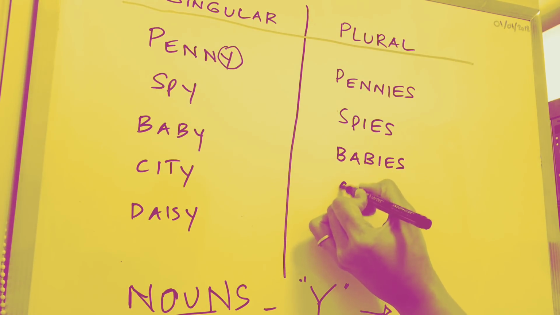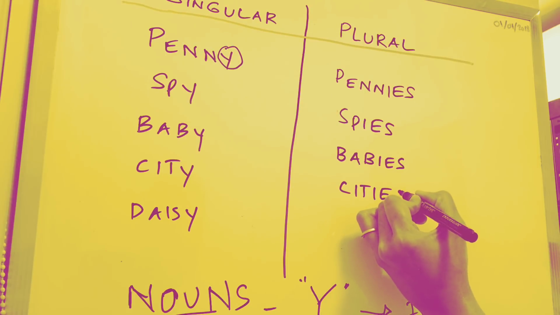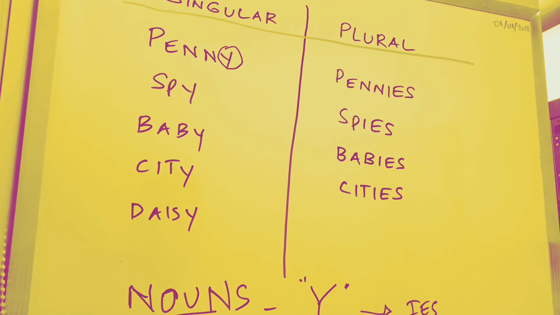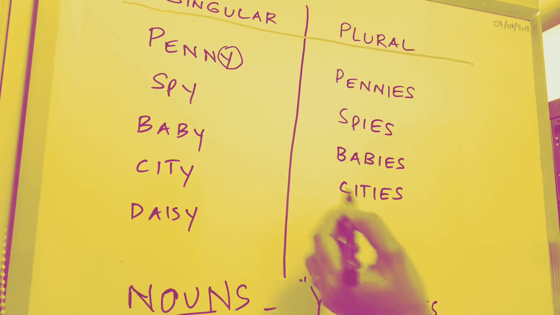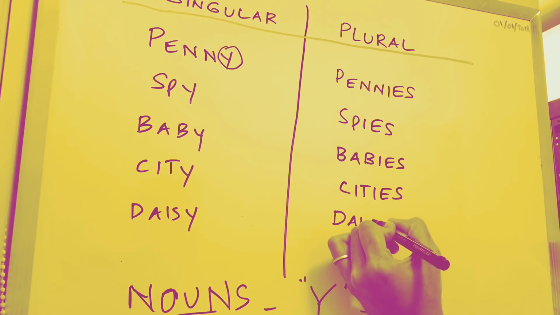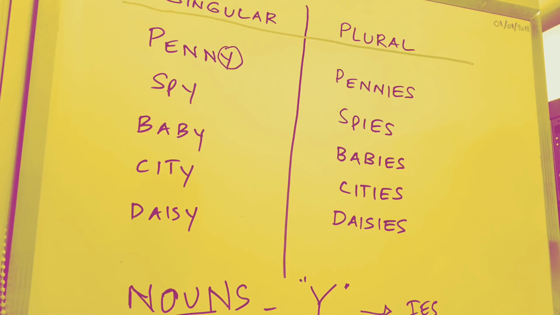The next noun is city. We want to talk about many cities, so you'd put IES at the end. Then we have here Daisy, and you would do the same thing, IES.